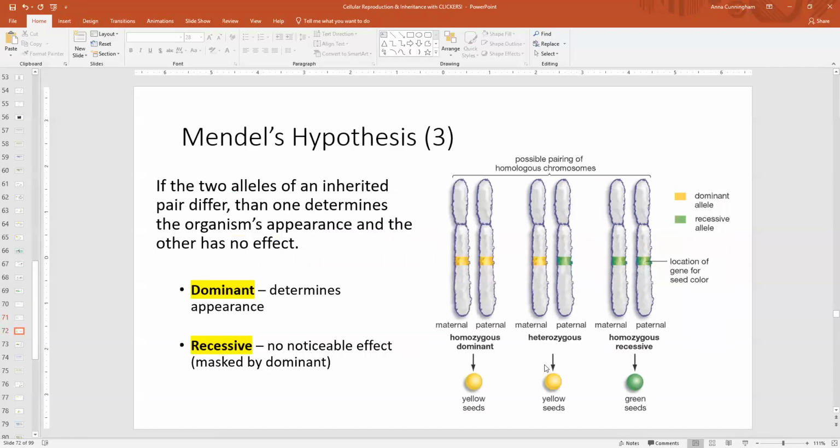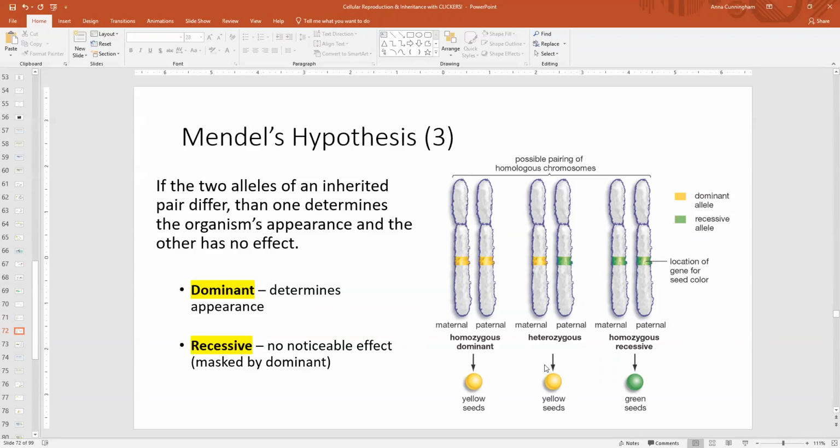That is Mendel's third hypothesis. His third hypothesis basically determined that some alleles are expressed more than other alleles, and he termed this dominant and recessive alleles.